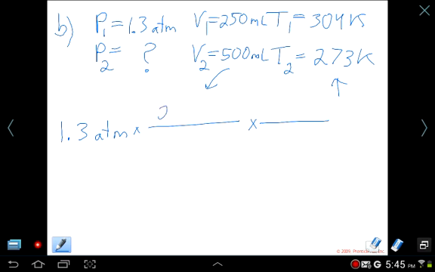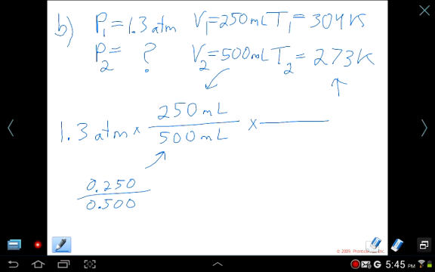We'll put 250 milliliters on top and 500 milliliters on the bottom, because an increase in volume must cause a decrease in pressure. Now, notice that I did not convert to liters here, because if I were to convert to liters, the ratio would be 250 over 0.500, which would be exactly the same as I've got up there. The ratio itself, as long as the units are the same, you can actually use different units than the R constant requires.